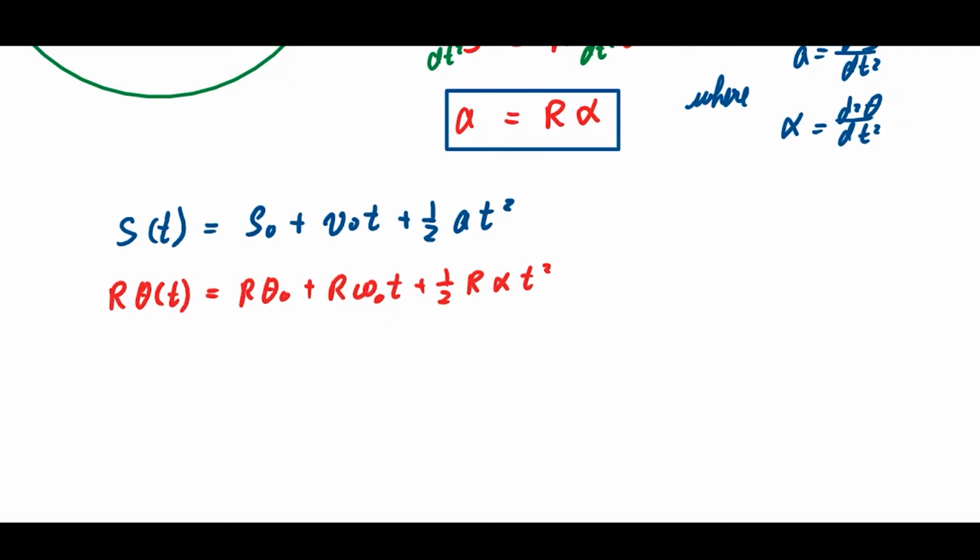Who's confused? Let me know right now. And then I noticed that there are R on both sides, which are constant. So divide both sides by R. What we have left is theta as a function of time is equal to theta naught plus omega naught t plus 1/2 alpha t squared. What do we have here? This thing looks like a kinematics equation in its own right, doesn't it?